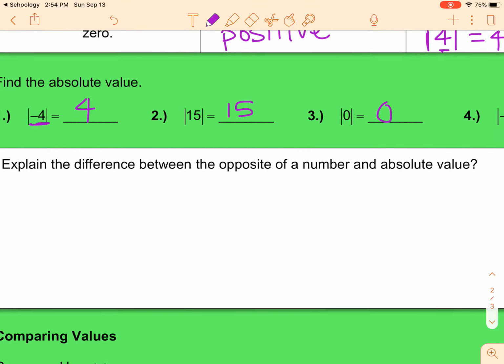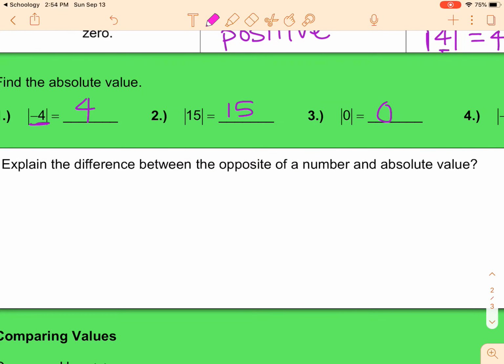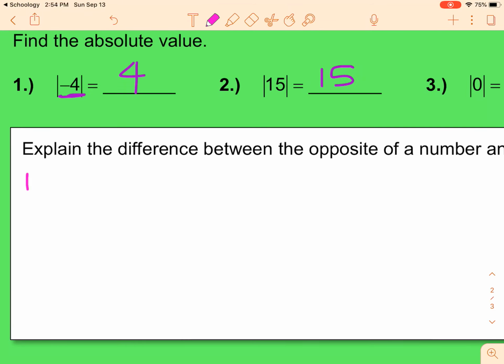Alright, so now we're going to look at this next question. We need to explain the difference between the opposite of a number and the absolute value. So, remember the opposite: if it's negative, it makes it positive. If it's positive, it makes it negative.